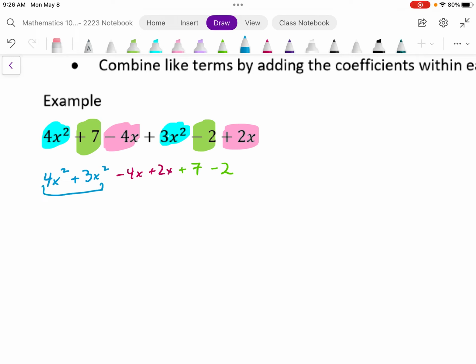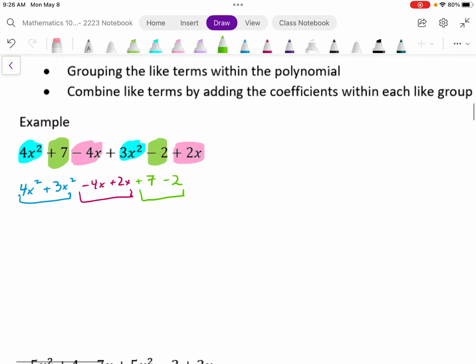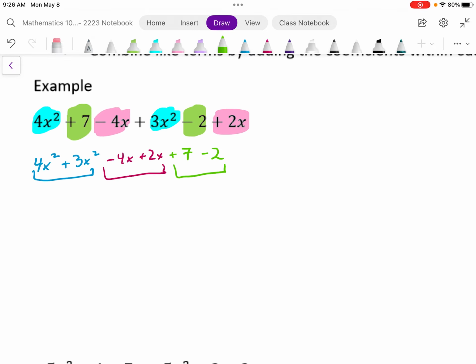And I am going to perform the operation that is being described within each group. Now, combining like terms by adding the coefficients within each like group. So 4x squared plus 3x squared. I'm going to do this blue group, or the x squared group. Well, 4 plus 3 is 7x squared.